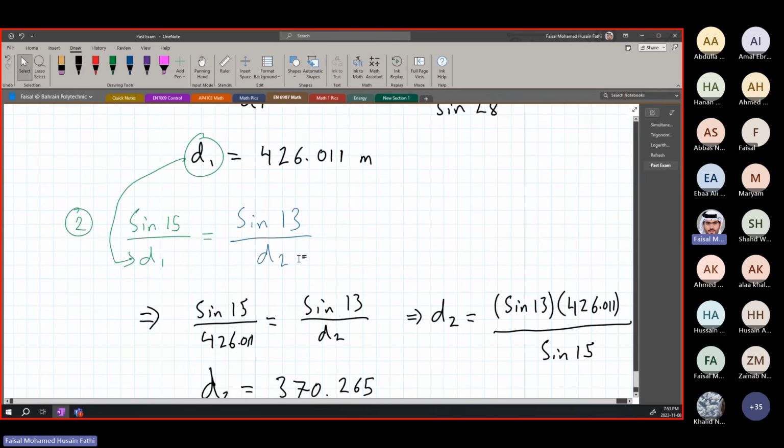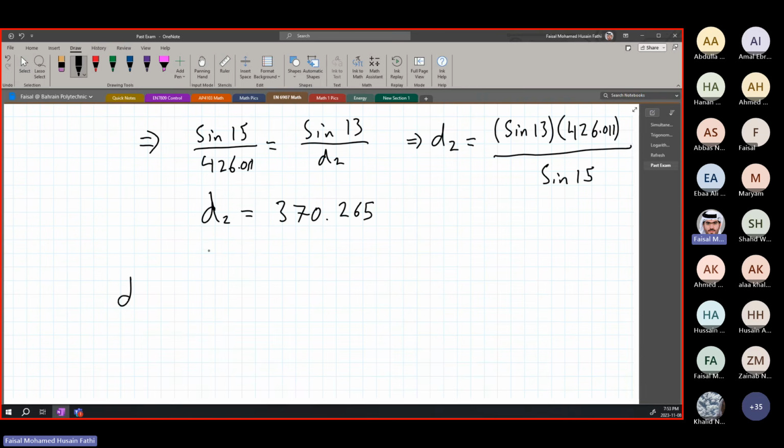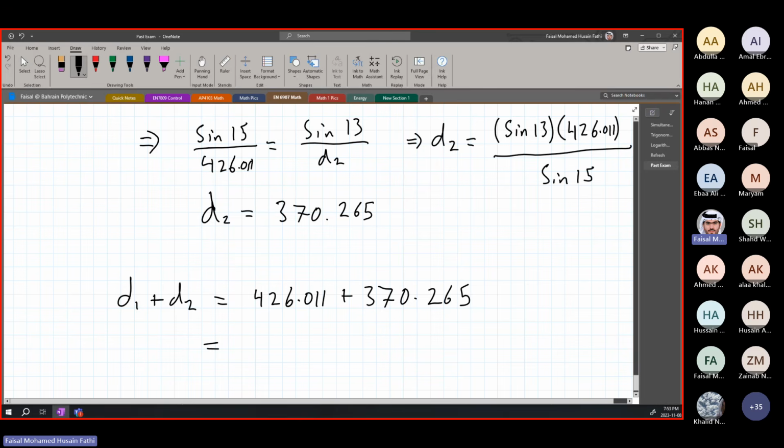We haven't finished the question. We found D1 and D2, but what do they want? They want us to find the distance D1 plus D2. So D1 plus D2 is equal to 426.011 plus 370.265, which is 796.276.